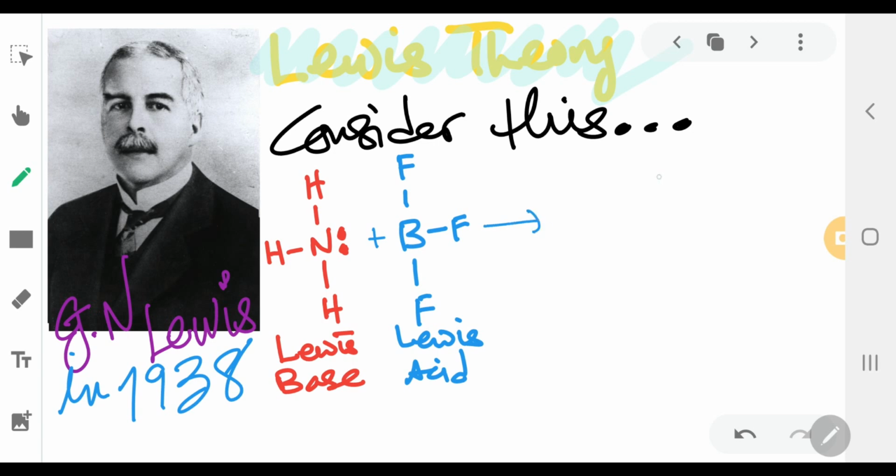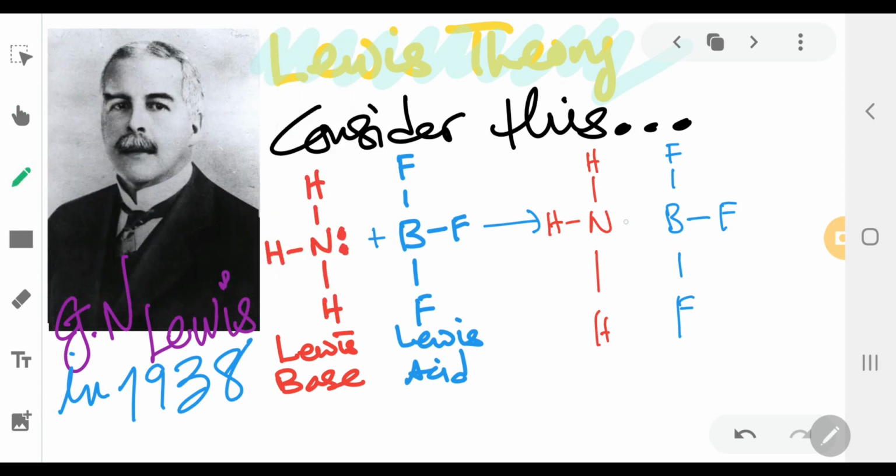You will be forming a dative covalent species. This lone pair will be donated into the empty orbital of boron here.